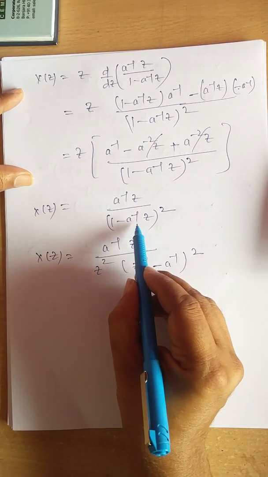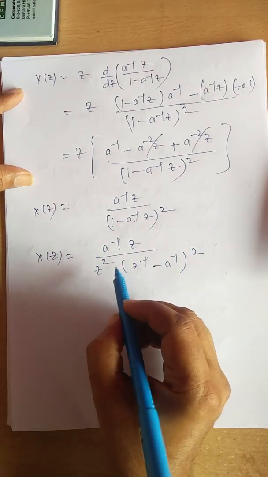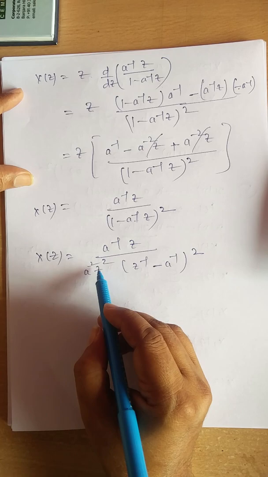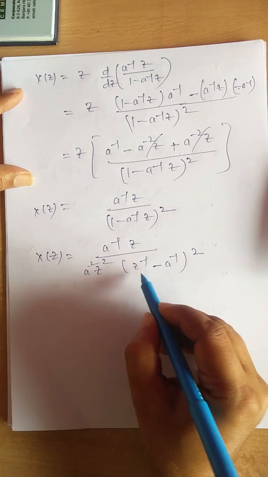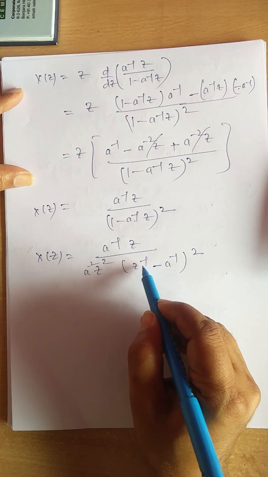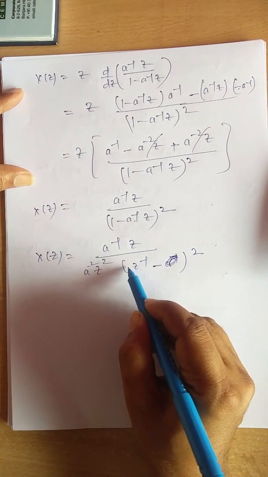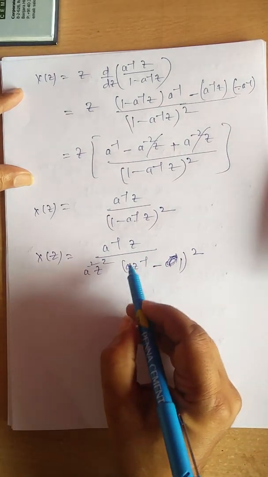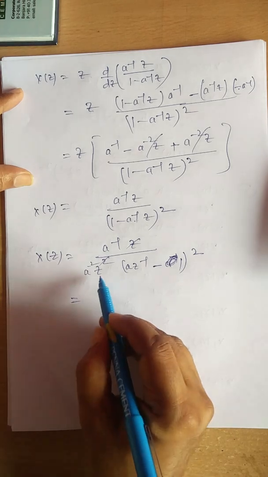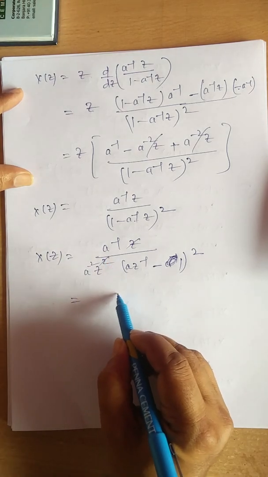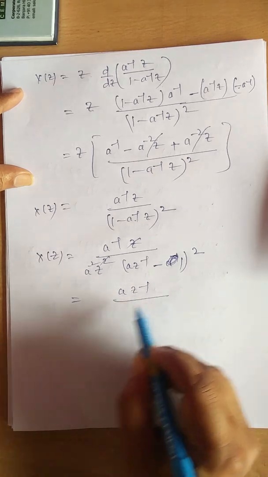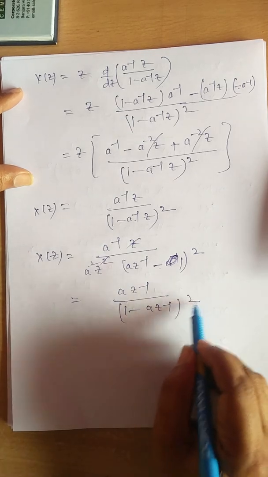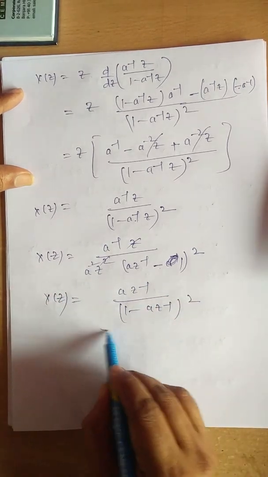Otherwise we can take a inverse z common, and it will become a to the power of minus 2, z square will get outside, and this will become a into z minus 1. Now this term gets cancelled, and when a goes to a inverse, it will become a z inverse divided by, I can take minus common here, 1 minus a z inverse whole square. This is the x of z.